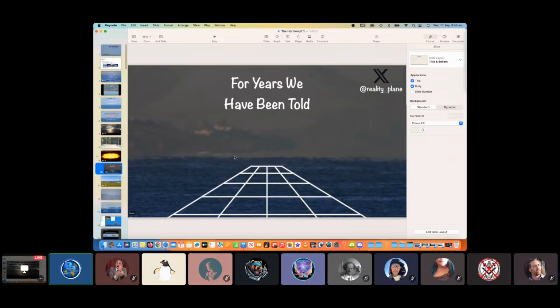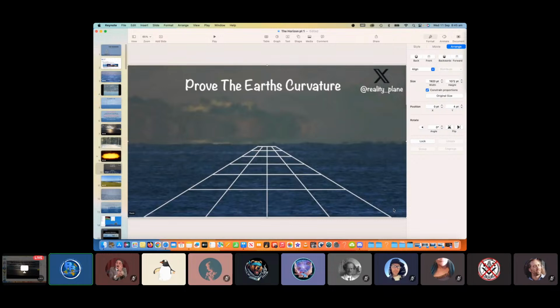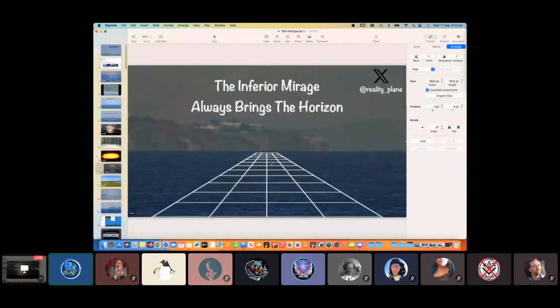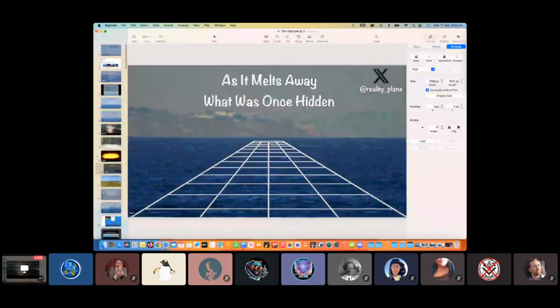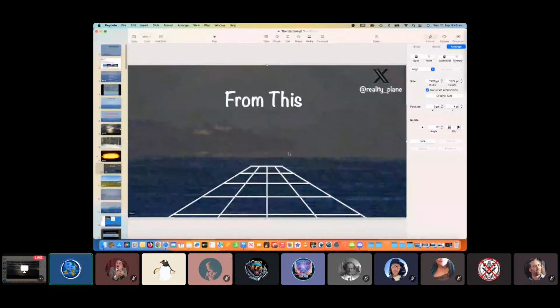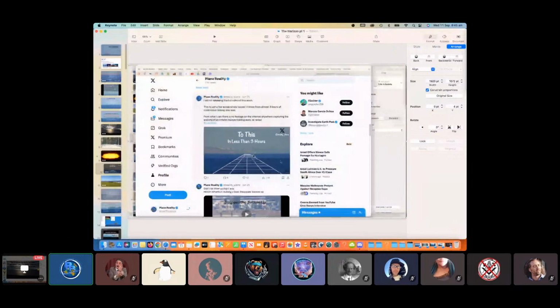Now, as it goes on and the inferior mirage starts to disappear, the horizon is actually moving further away from us. As it moves further and further away, you see more and more of the land.